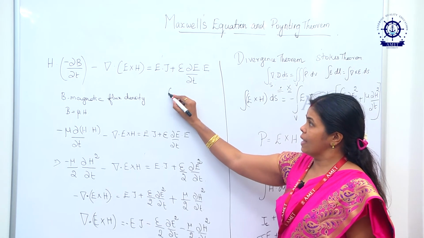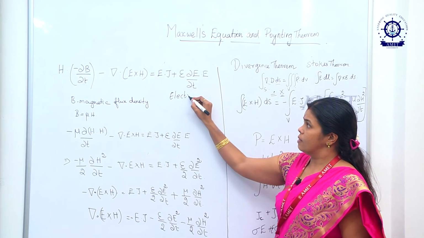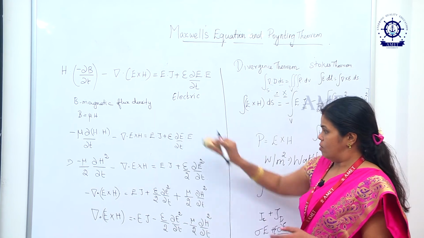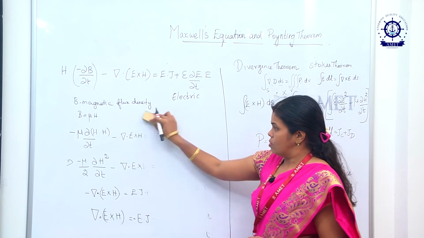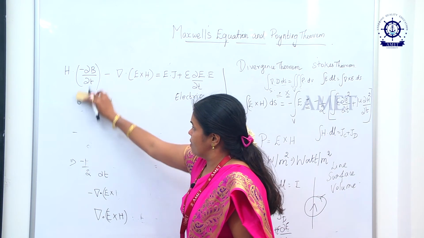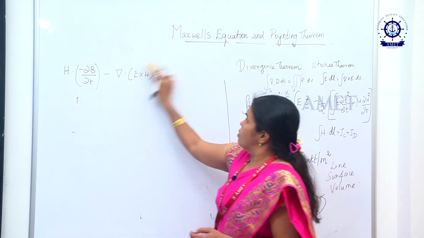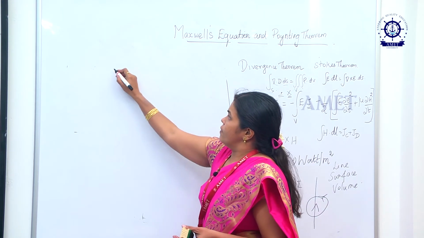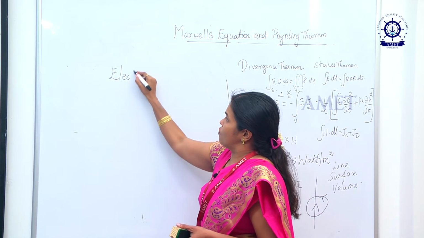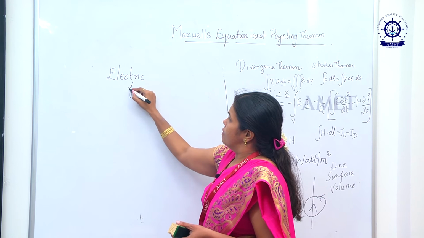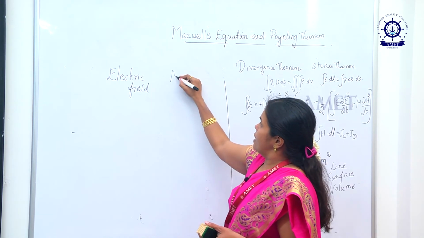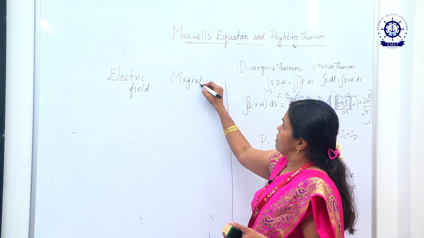So we are having two terms: the electric field as well as the magnetic field.